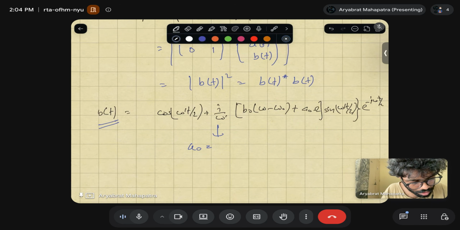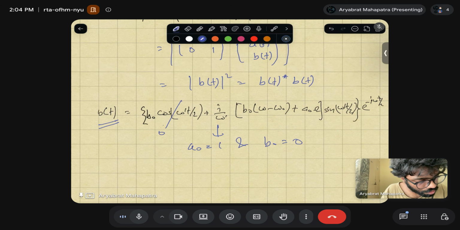So it is b naught. Now if you put a0 equals 1 and b naught equals 0, that means this thing will go to 0 and this term will also go to 0. And you put a0 equals 1, so this term is basically omega.